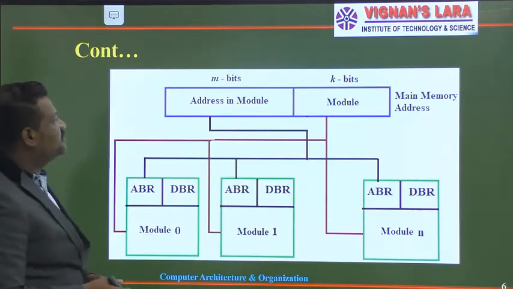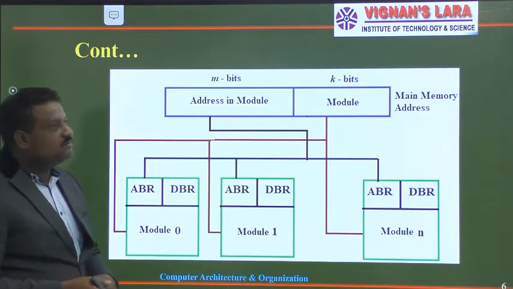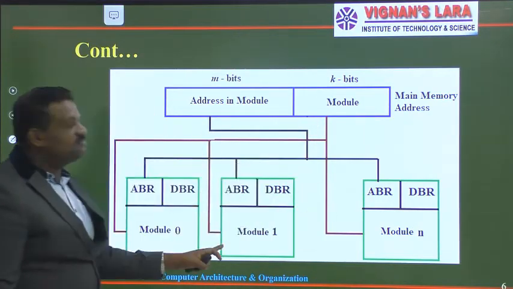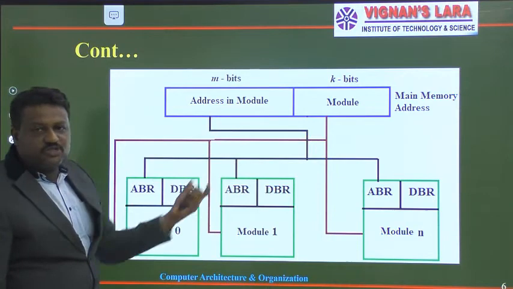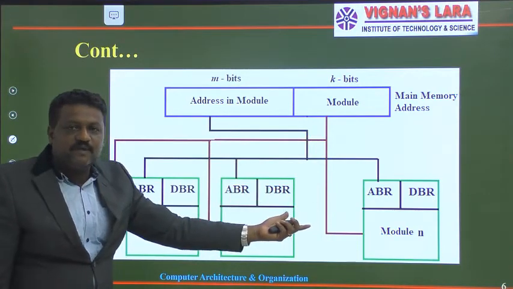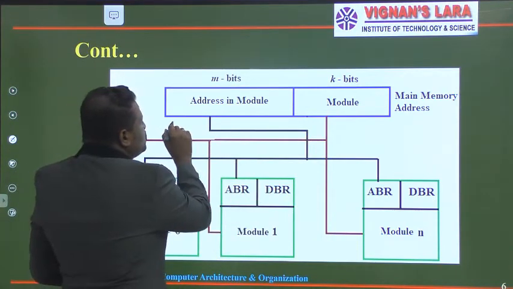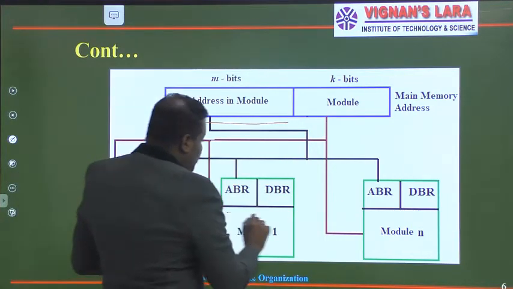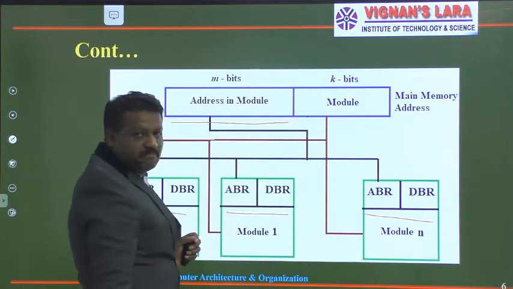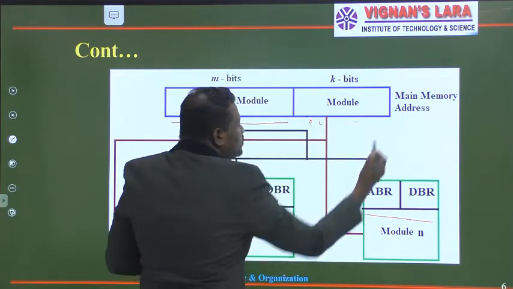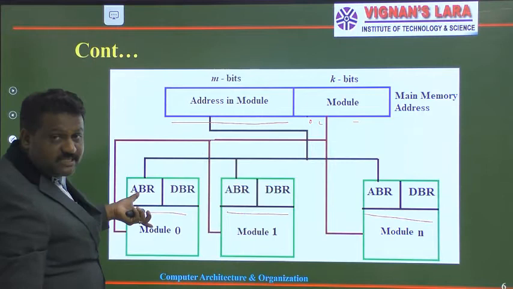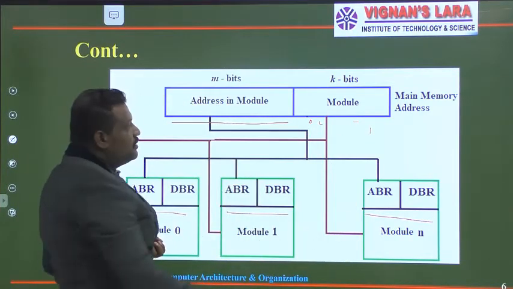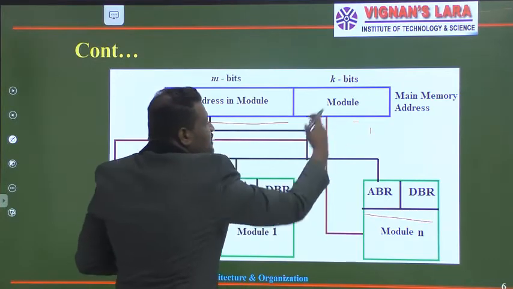See here, friends, it gives you some more idea. Lower order bits are used for selection of the modules, and higher order bits are used to select a particular word in a module. For example, here all these bits are 0, 0, 0, 0, 0. That belongs to the first word here or here or here. If my module address is all zeros, that activates this module. And next, I want to access the next word, then the least significant bits change.